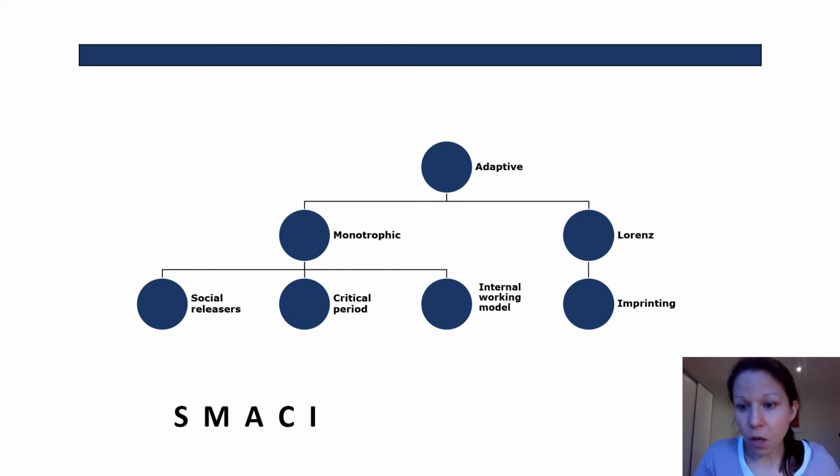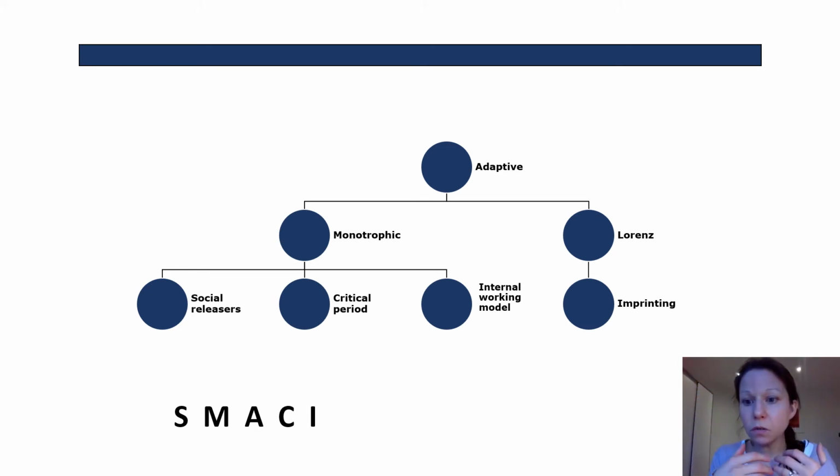And that's it. So the social releases are how we've adapted to ensure that we do form an attachment. The monotrophy, we only need one attachment. We only need one person to look after us, to provide us with food and to raise us in order to survive. So therefore, the adaptation is you put all of your energies into one main attachment. So everything else sits underneath that idea of adaptation.